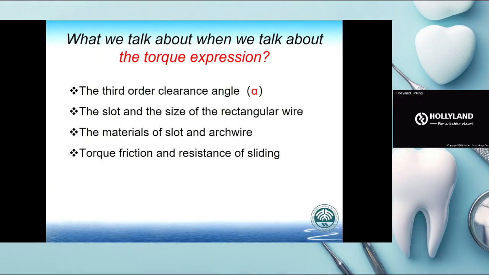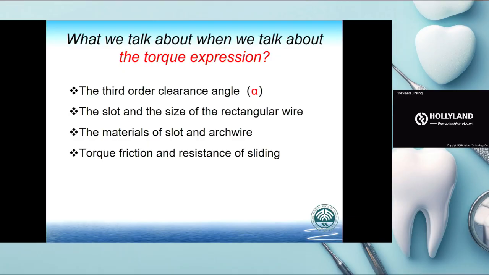What does torque expression mean? First, we need to have the third order clearance angle. And we need to know the slot and the size of the rectangular wire, and the materials of the slot and arch wire, and the torque, friction and the resistance of sliding.